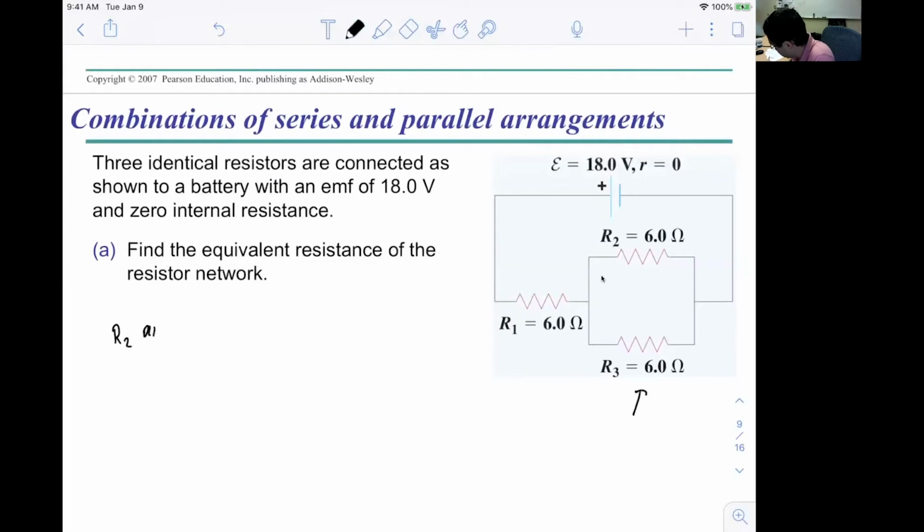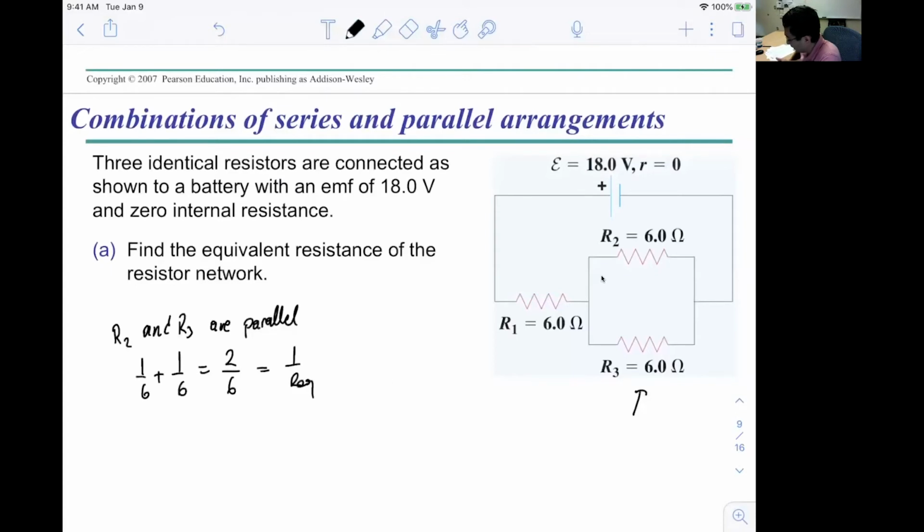R2 and R3 are parallel, and this can be simplified by 1 over 6 plus 1 over 6, which is 2 over 6.